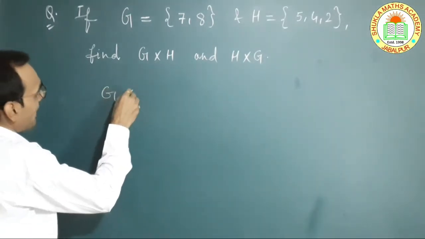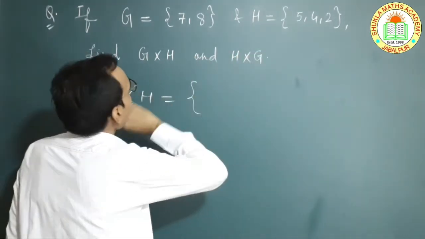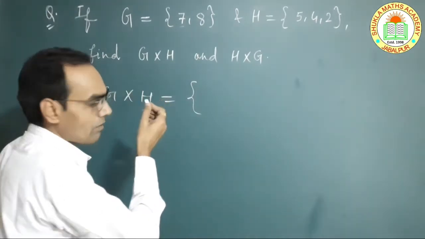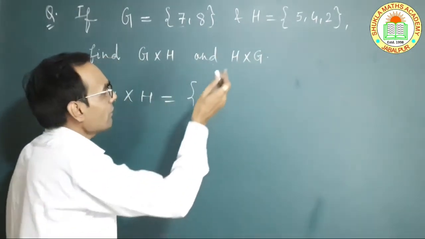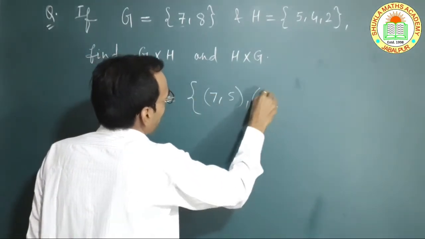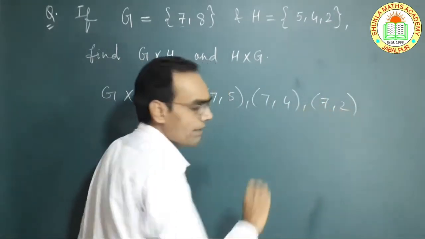So G cross H will be, take the first element of G and make the pair of this first element 7 with the other all the elements one by one of H. So we get (7, 5) first pair, and (7, 4) second pair, and (7, 2) third pair.